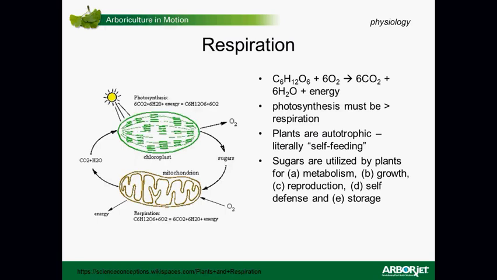And storage is kind of interesting, because storage is generally starches and oils, but starches that are in storage are utilized in the spring for bud break. So that's the battery, if you will, to start the next cycle of growth.